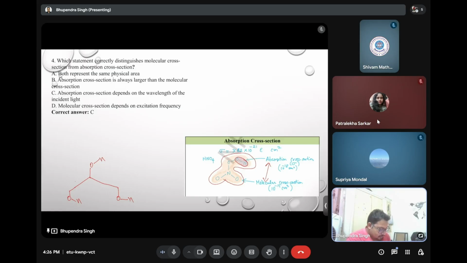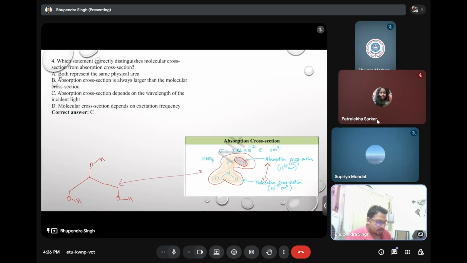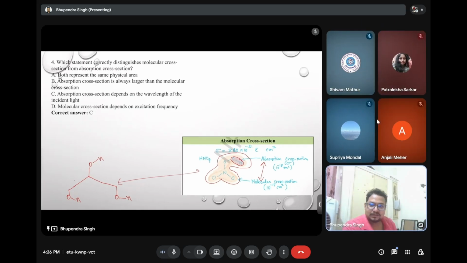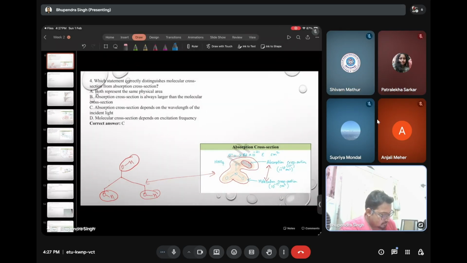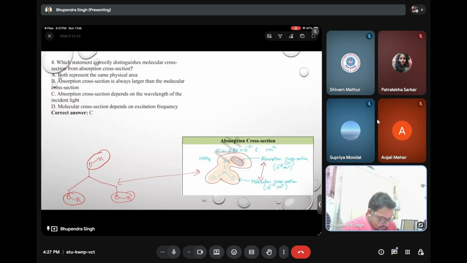If we give that amount of energy where the OH bond can absorb, then what will be the absorption cross section for this molecule, glycerol? Only this part and this part. But the molecular cross section will always be this.